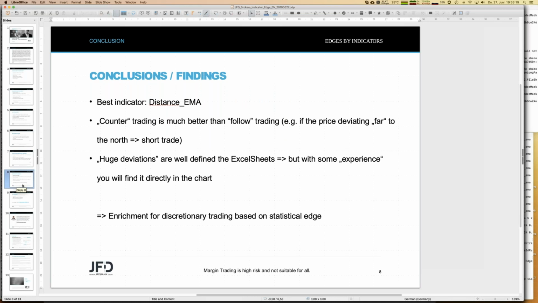So conclusions or findings here are really easy. Okay, best indicator distance EMA, but knowing that the other ones are not really that much worse, so it's not finally a matter of what indicator we take. But what we learned is that what I call counter trading is much better than follow trading. What I mean with that one, with the exception of the DAX, and we talk about that.